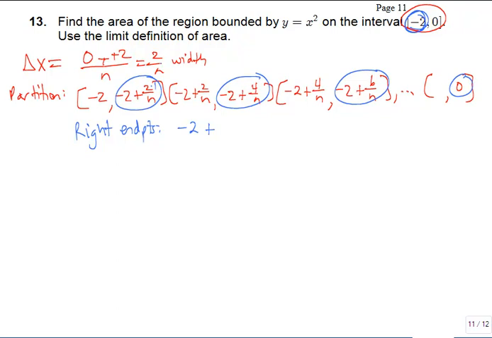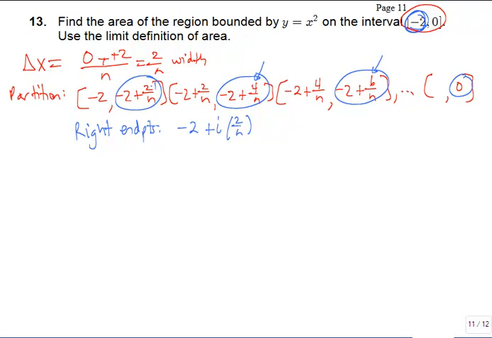Well, each width is 2 over n. And I want to multiply by however many rectangles I am looking at. So for i being 1, I want to go over one 2 over n. When i is 2, I want to go over two 2 over n's. When i was 3, I wanted to go over three 2 over n's.